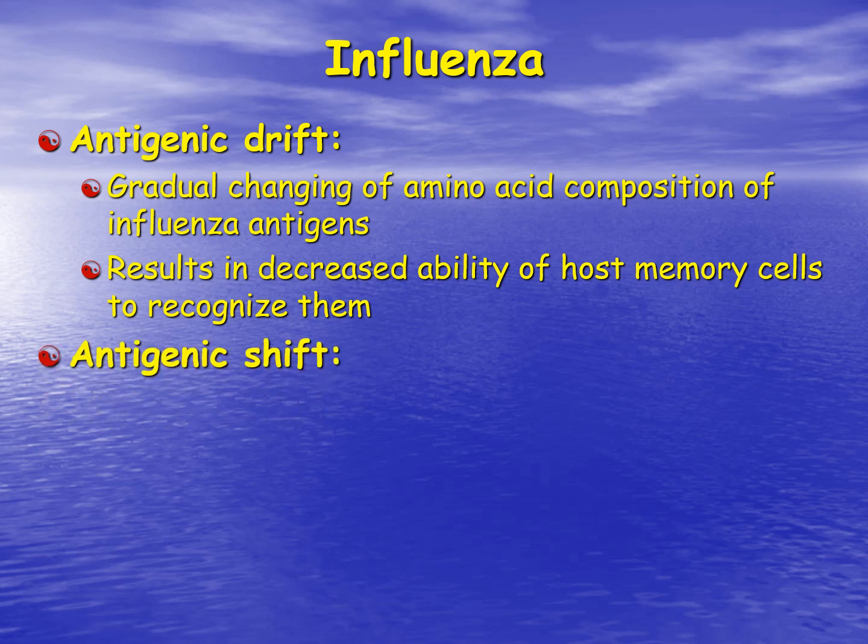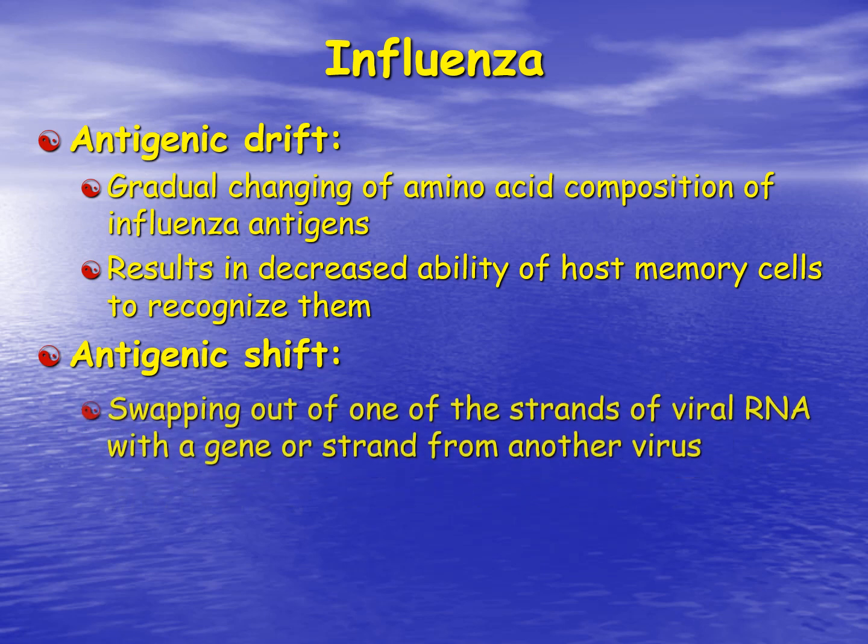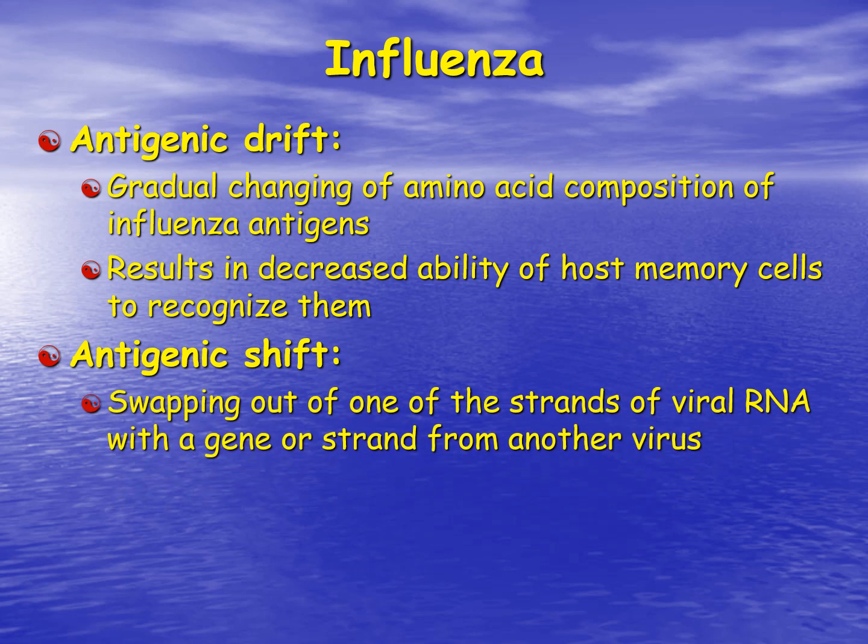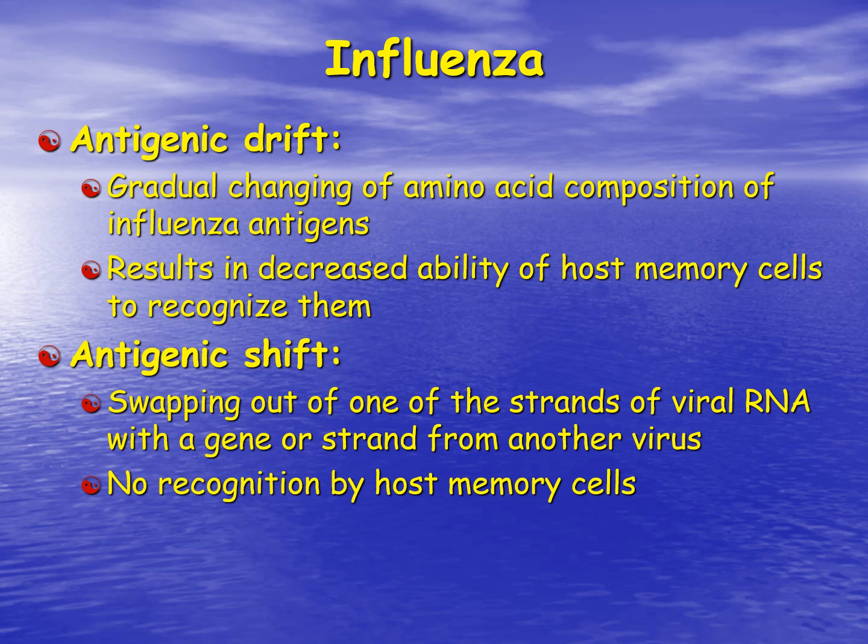Now, antigenic shift is more dramatic, and this oftentimes results in viruses that can become more deadly. This is actually a swapping out of one of the strands of viral RNA with a gene or strand from another virus. And so there is no recognition whatsoever by the host memory cells because we've never seen anything that looks like this.